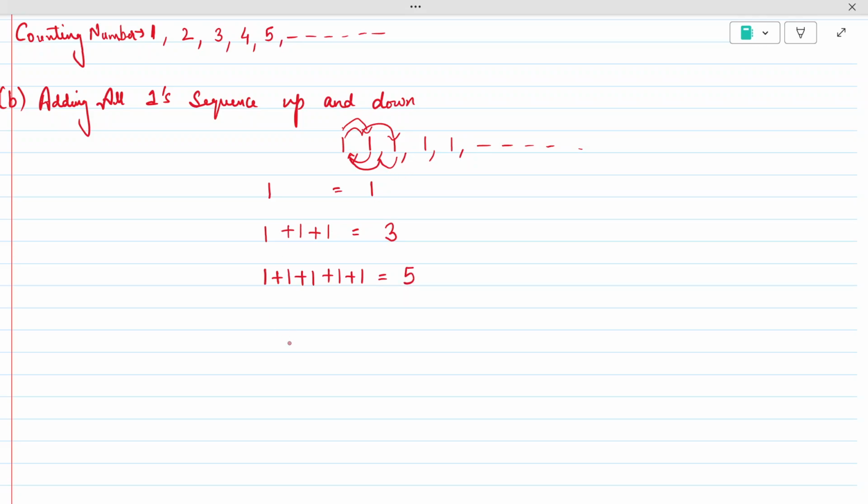Next, in the up series, this is 1 plus 1 plus 1 plus 1, and I'm also noting the down 1, 1 and 1, 3 times again, 1 plus 1 plus 1. So we'll get 7. I hope this is clear. I'm explaining this again. Let me erase this part. It will be more clear then.